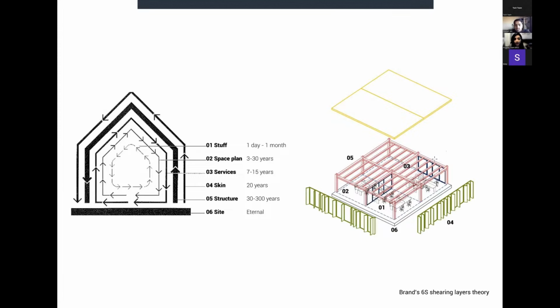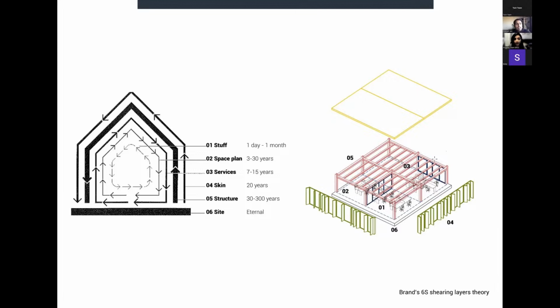And then the services in a building, which are electrical, plumbing, air conditioning systems, generally wear out between 7 to 15 years.